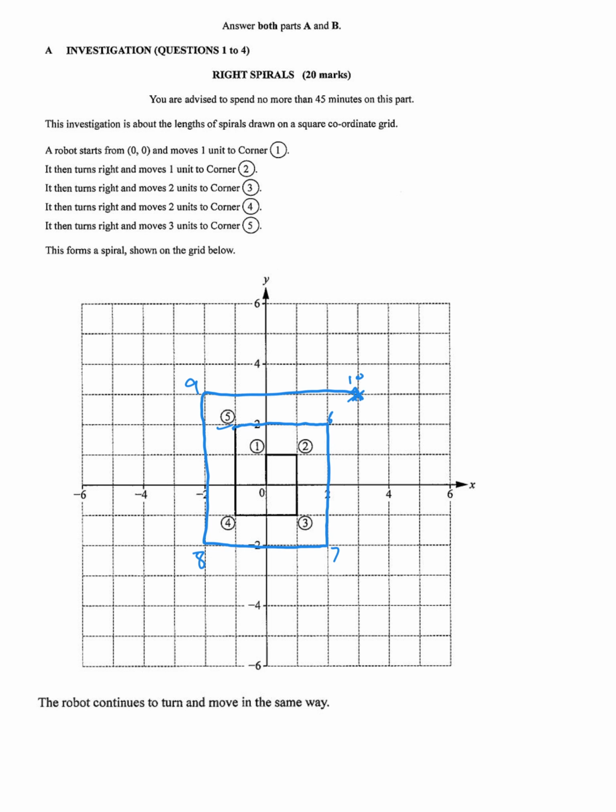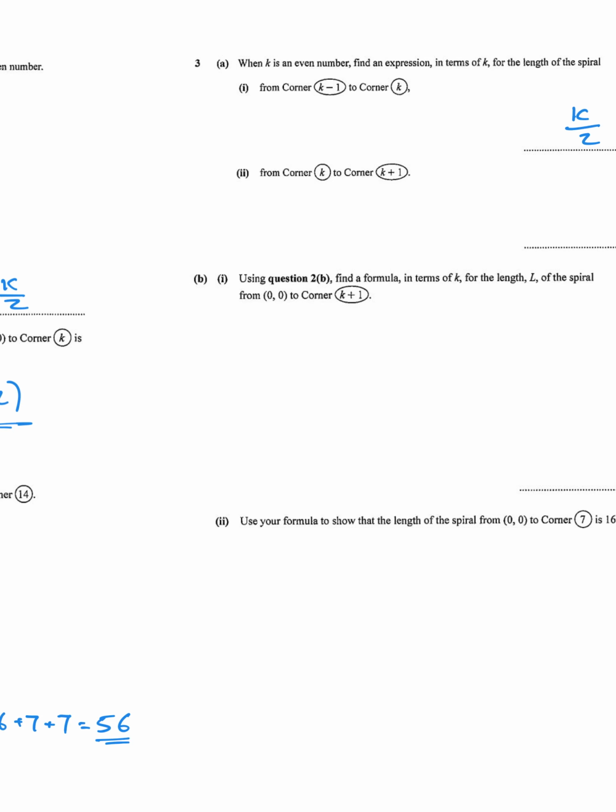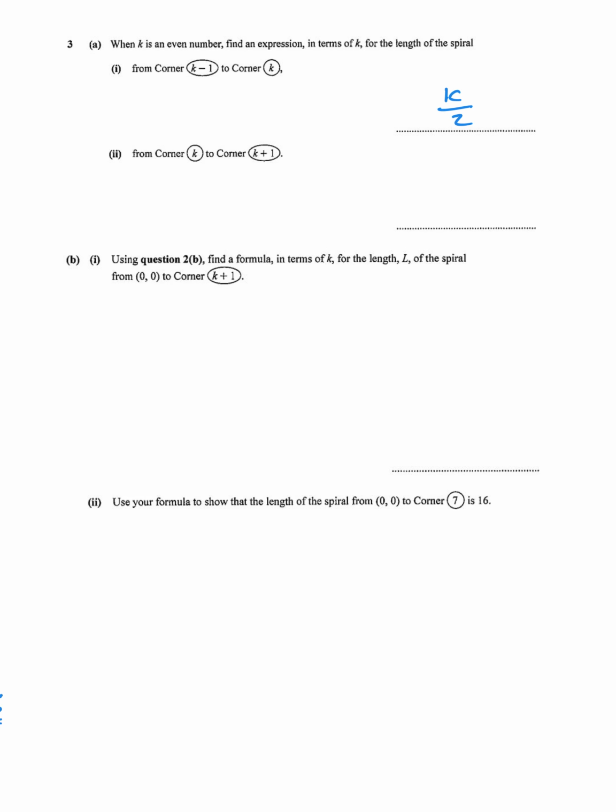So that previous answer we need to add 1 to. Let's go and do that then. It's flicking back and forth, isn't it? But anyway, we're there. k over 2 plus 1, which if we want to put in a single fraction is going to be k plus 2 all over 2. Might help us at some point.